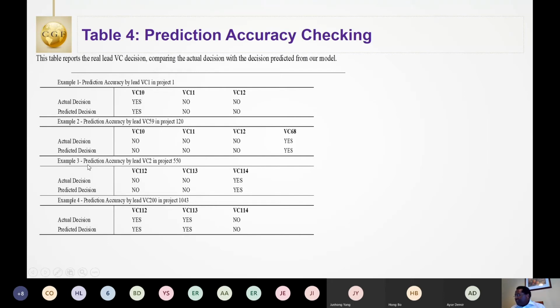Even in example 3, where we are taking VC2, again, we see the same. In example 4, with the prediction accuracy by lead VC200 in project 1043, now we could have even project 1000. I'm only picking 4 examples here. The actual decisions and the predicted decisions are the same. And therefore, we have finished the checking and can say the prediction accuracy is very high using this model.